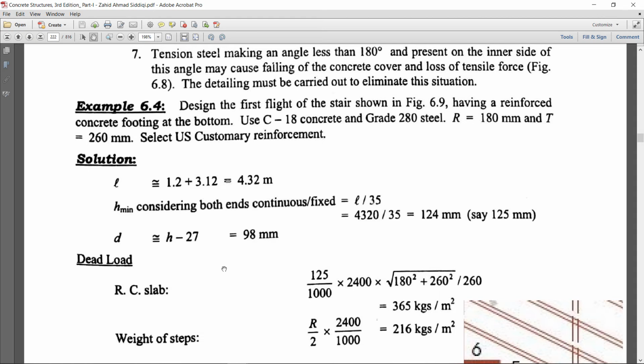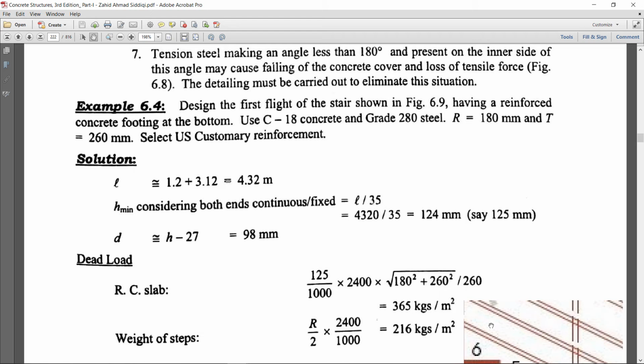So our next step is the calculation of load. For the calculation of load, just like we do in the previous slabs, for the RC slab, the thickness divided by 1000 multiplied by 2400, we get the load.